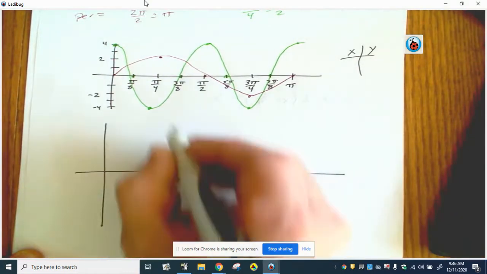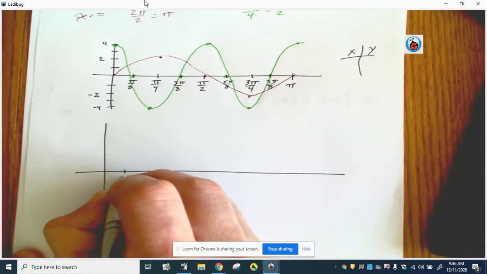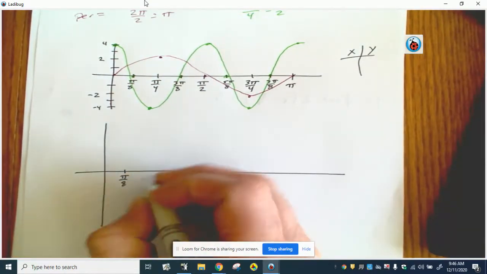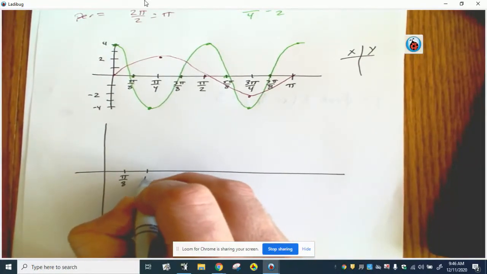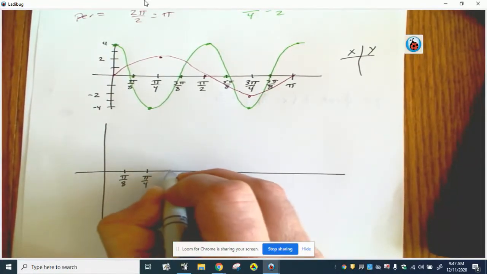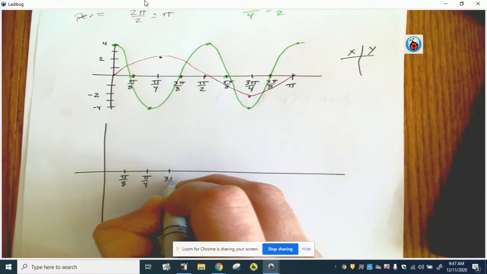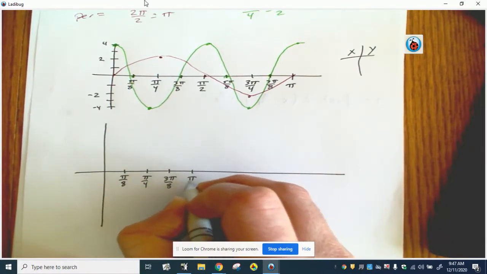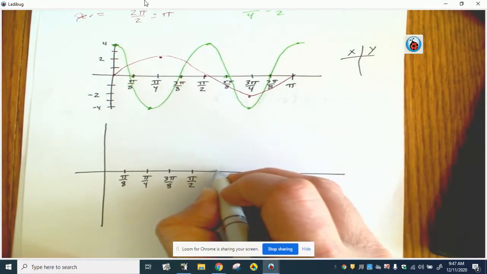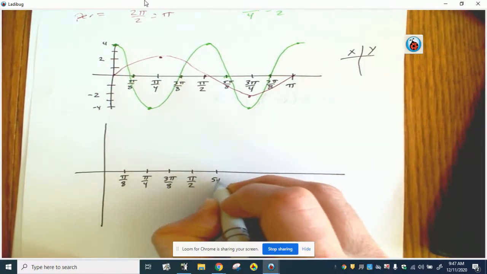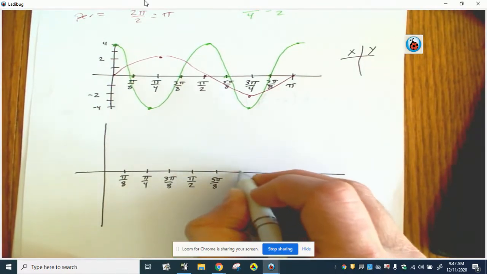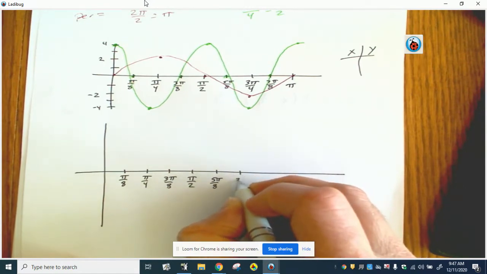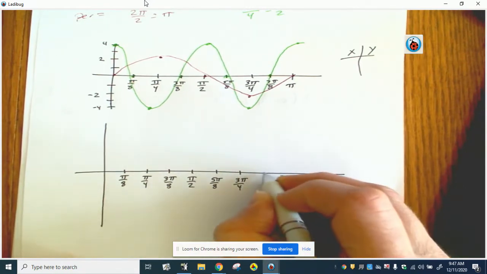I'm going to try to line these up as best I can. Keeping your spacing as accurate as you can really does help. If you have bad spacing on your x-axis, it's going to make your graph look a little bit weird, and it'll be really difficult to get your graph to look like the calculator.